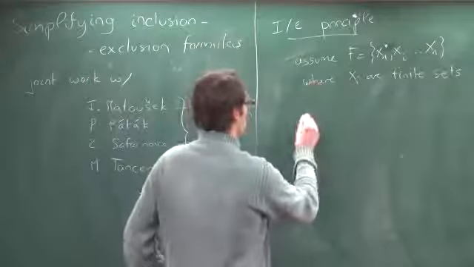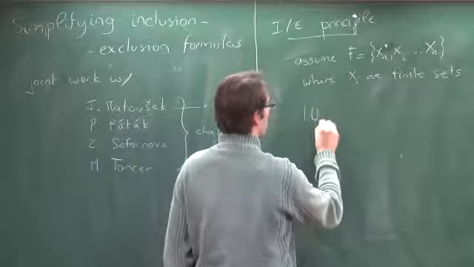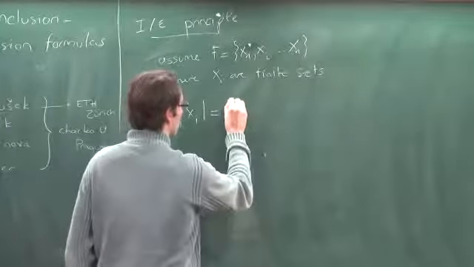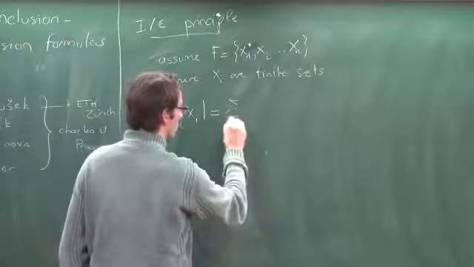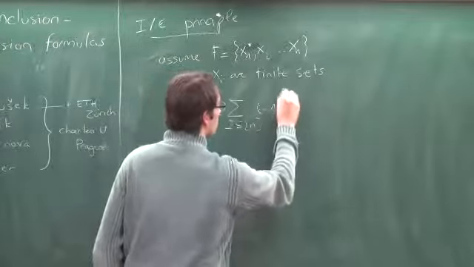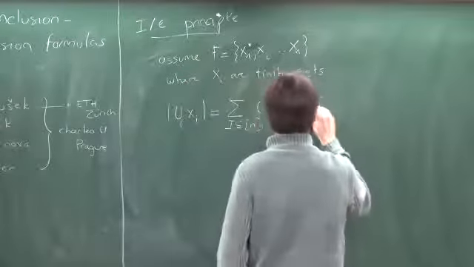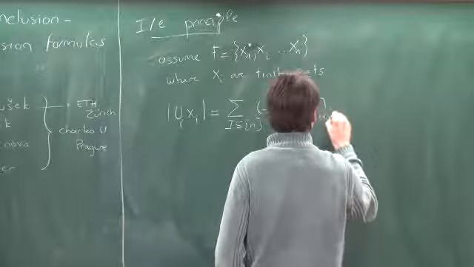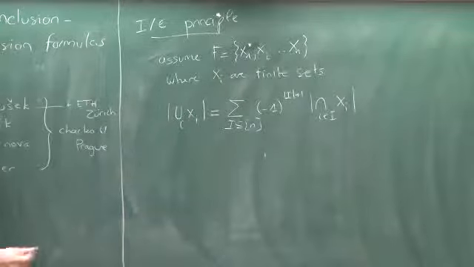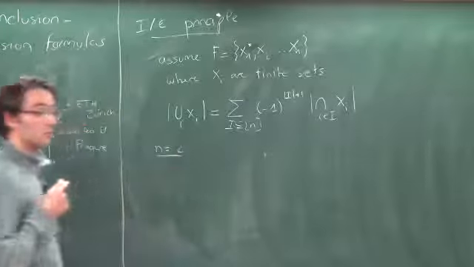And what this says is simply that the size of the union of the Xi is a sum over all possible nonempty subsets I of n of the alternating size of the intersection. The empty set is not counted.